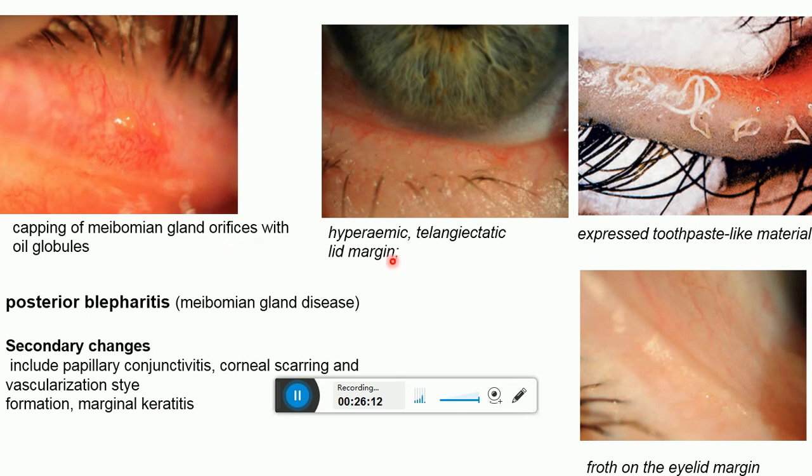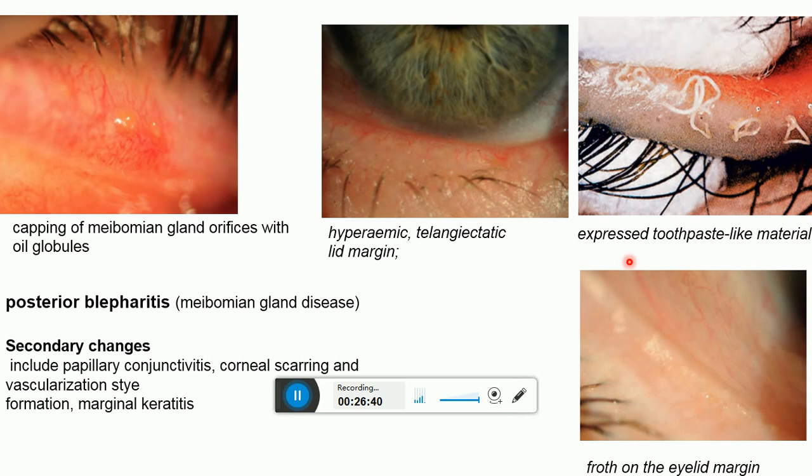There is hyperemia and telangiectasia of the posterior lid margin. Pressure on the lid margin results in expression of Meibomian fluid, which is turbid and toothpaste-like. In severe cases, secretion becomes so inspissated that expression is impossible.